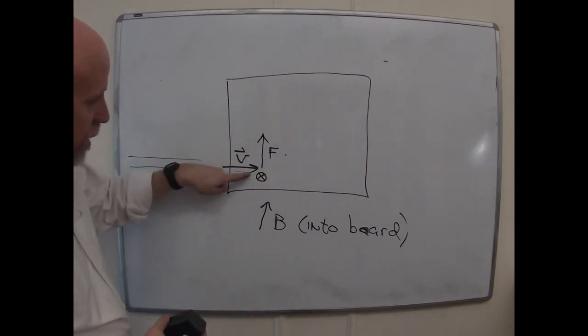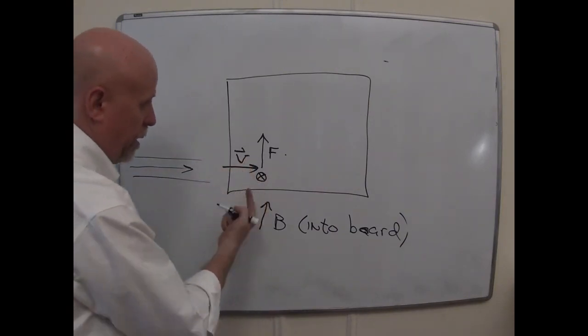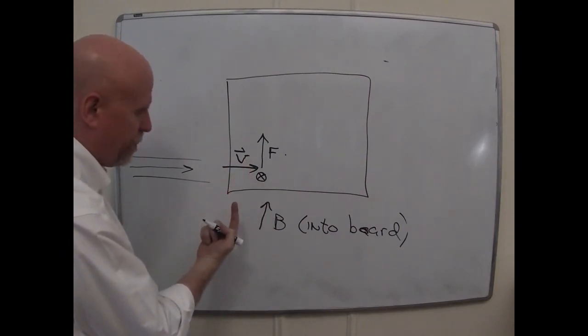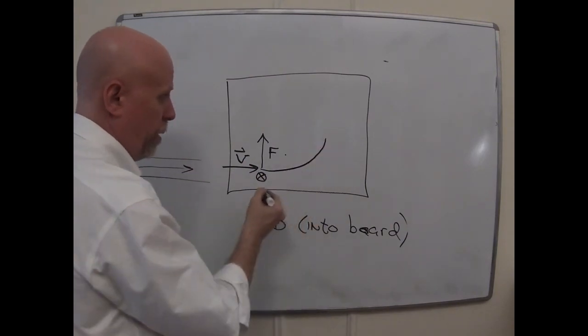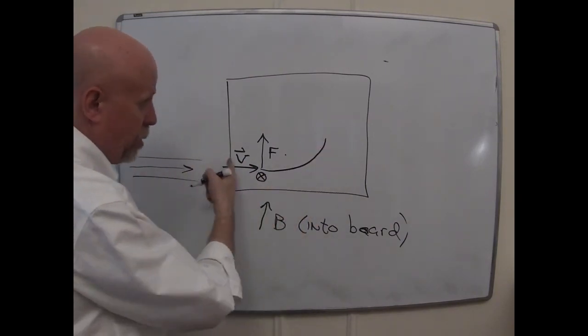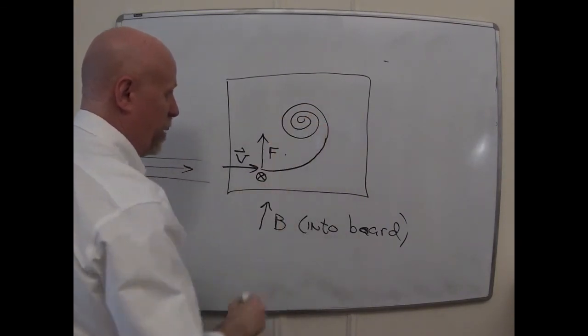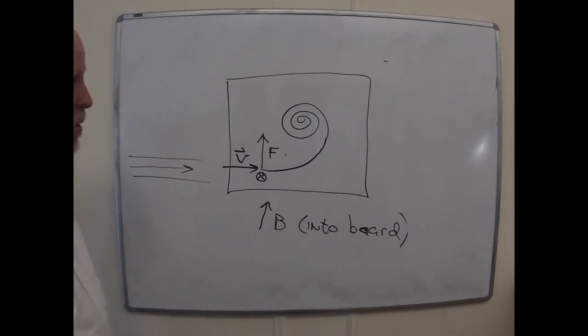But if I have a charged particle that's moving this way and the force applied is perpendicular to the direction of motion, do you see that that's going to cause it to curve? And in fact, what happens is it slows down, it curves around and goes into a spiral, a death spin. And it's really fascinating to see these images of cloud chambers.